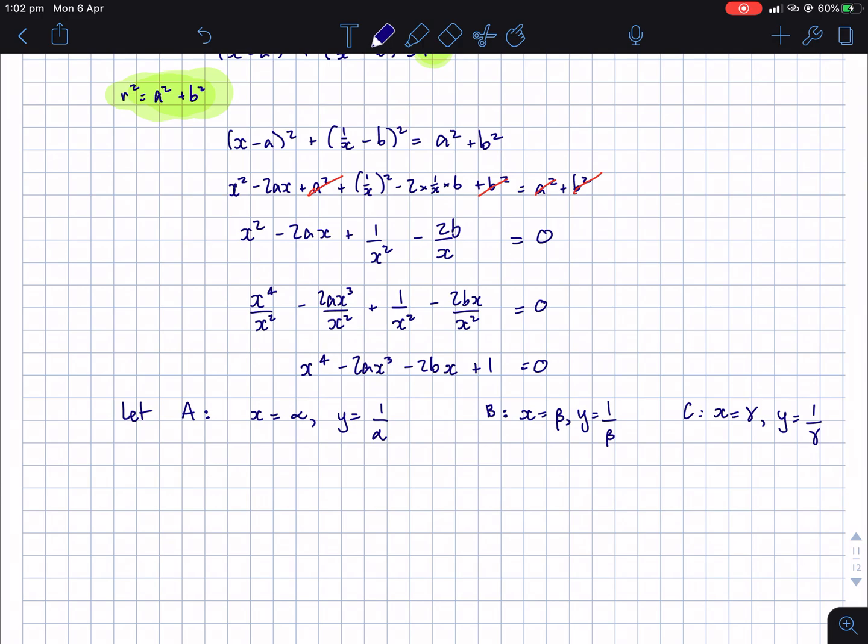So these are the roots of the quartic, so the intersections of x to the 4 take 2ax cubed take 2bx plus 1 equals 0. And this one is repeated because we decided A was where it was a tangent.